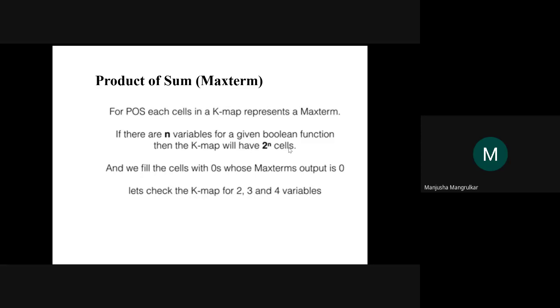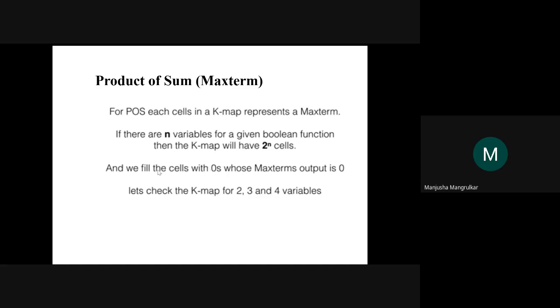If our K map is three variable, the number of cells in a K map is 2 to the power 3, that is 8 cells. So this is the equation. If there are 4 variables, the number of cells in a K map is 2 to the power 4, that is 16. So these are the cells and graphical representations.